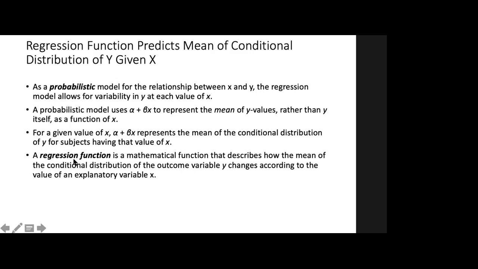That means a regression function is a mathematical model that describes how the mean of the conditional distribution of the outcome variable changes according to the value of an explanatory variable x. So how does the mean of weight change as a function of height? That is what the regression predicts.